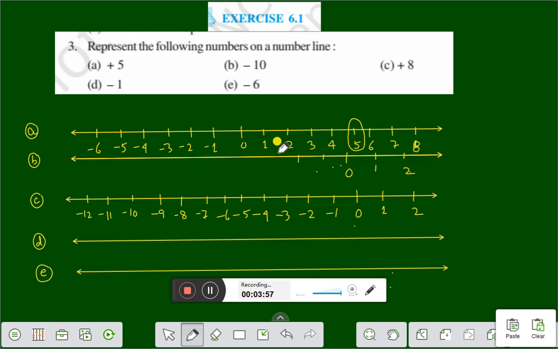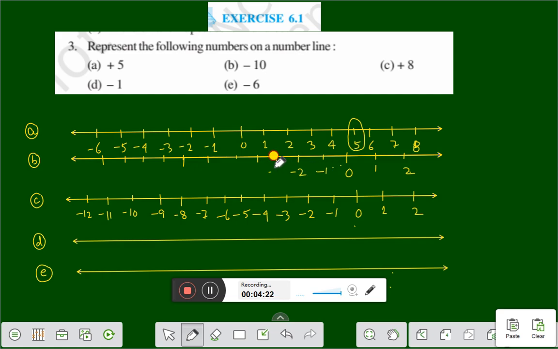minus 2, minus 3, minus 4, minus 5, minus 6, minus 7, minus 8, minus 9, minus 10, minus 11, right? It is minus 1. This is minus 2.